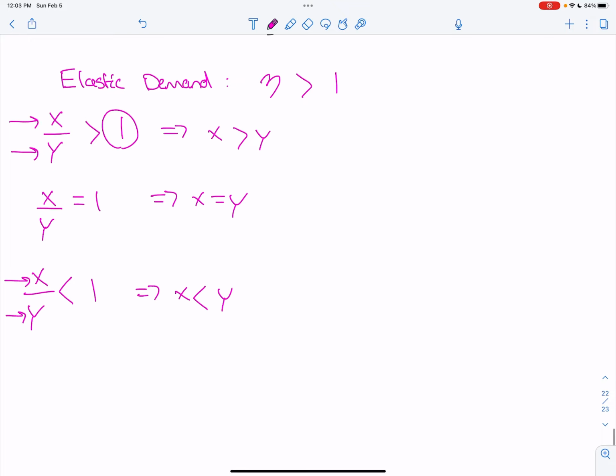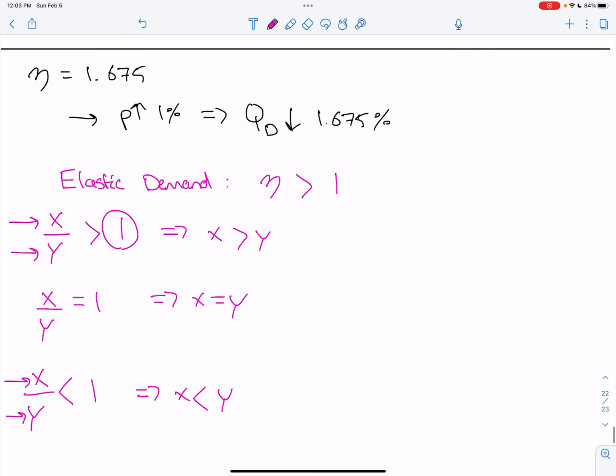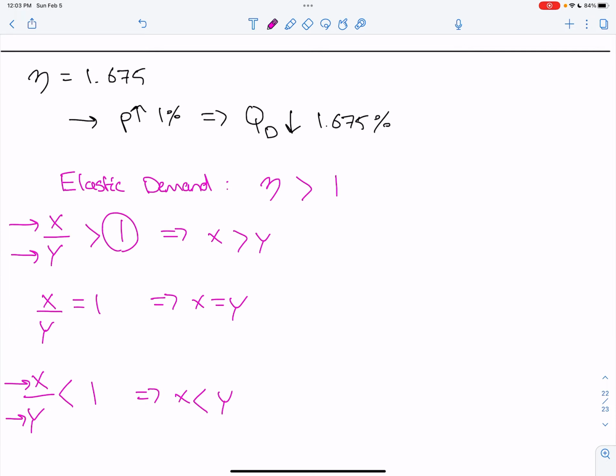Now, what does this have to do with elasticity? Well, remember that price elasticity of demand here is nothing but the percentage change in quantity demanded relative to a percentage change in price. So if this formula ends up being greater than 1, what does that mean?